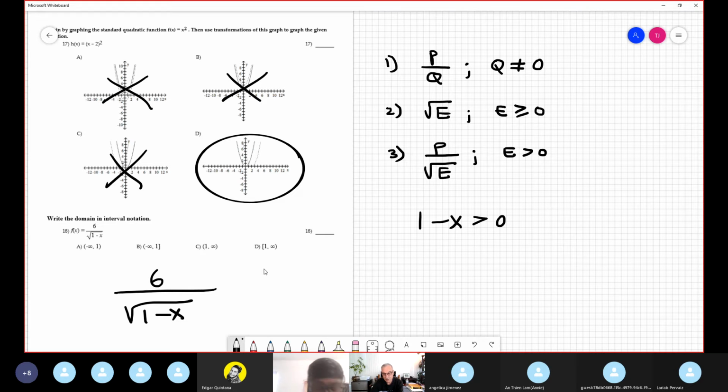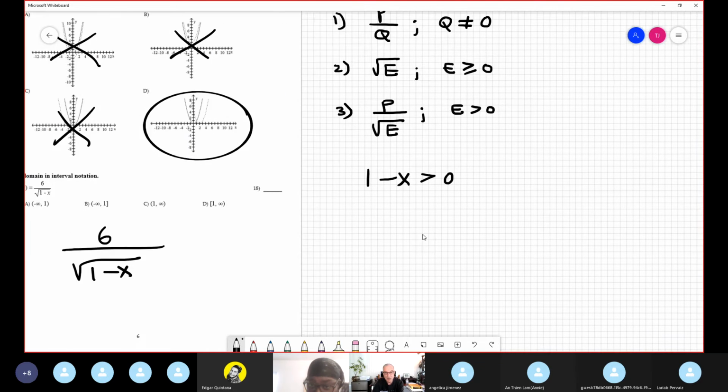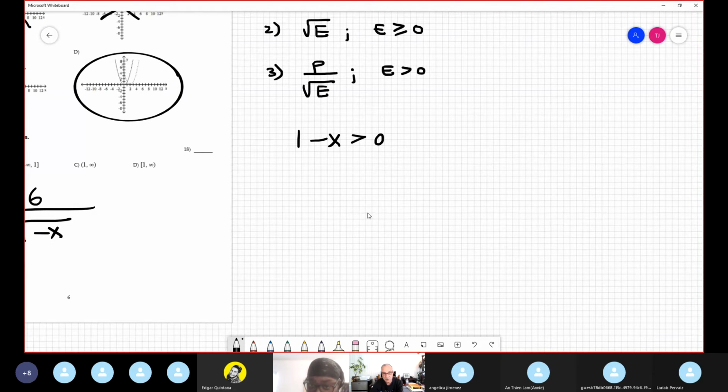Be careful with the inequality, it's tricky. You leave that and move 1 to the other side. But I need x, not negative x, so you divide by negative 1 both sides. When you divide by negative 1, this becomes positive, but the sign is reversed.